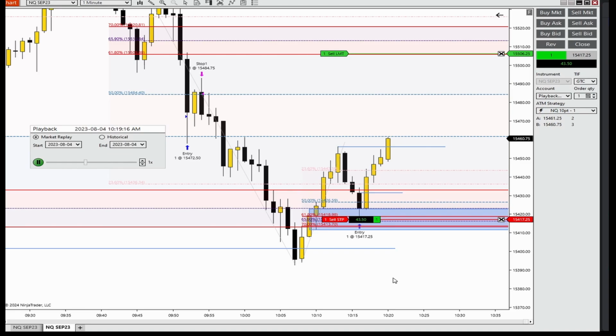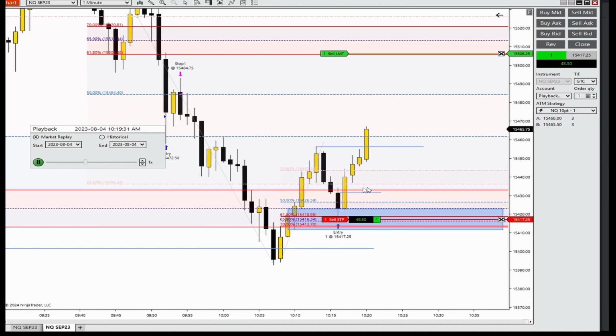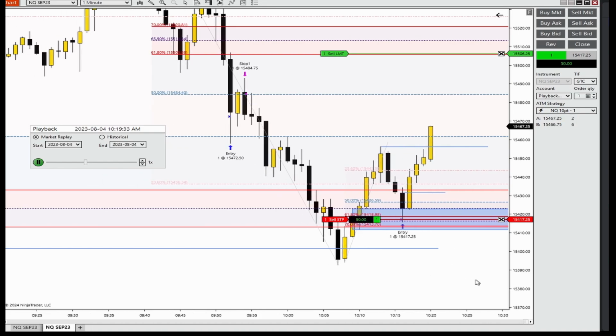Why would we expect a closure? Because we've got a higher time frame move. TP1. Yep, absolutely. In fact, our biggest problem is we didn't get to add more size in here.